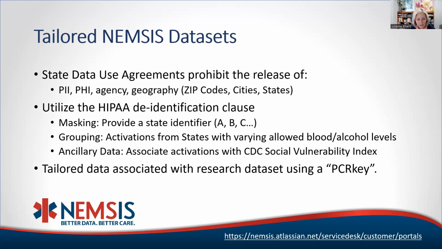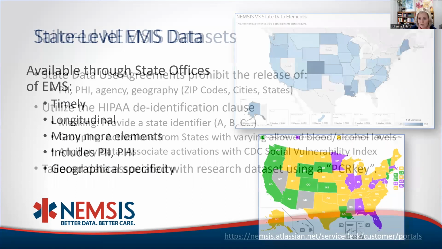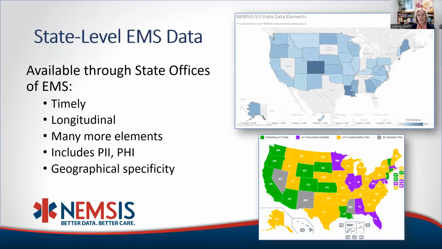But more importantly, we can connect you with the State Office of EMS to access state-specific data. On our website, if Lori would be willing to put it in the chat again, thank you, Lori. It's on our main page. When you go to the main page, you'll see this map.